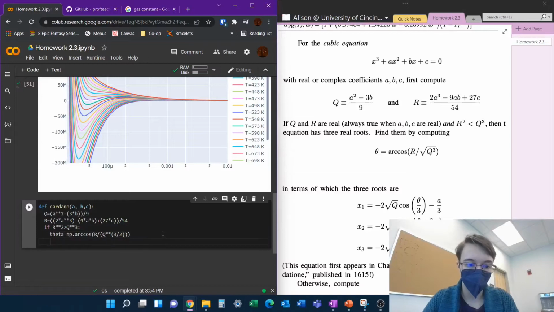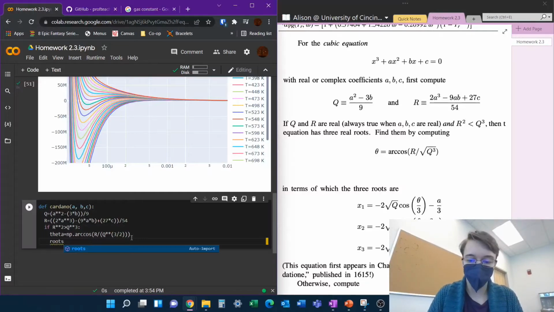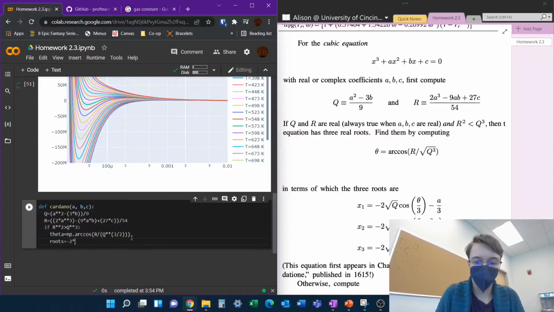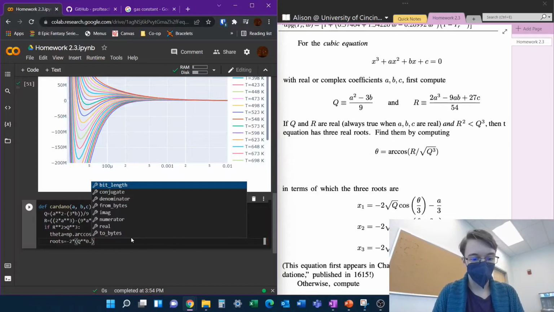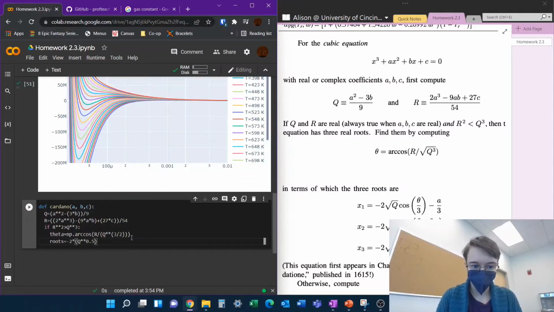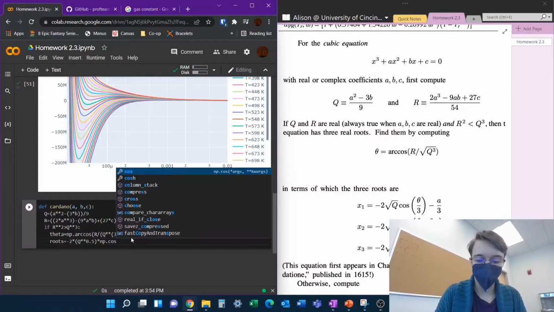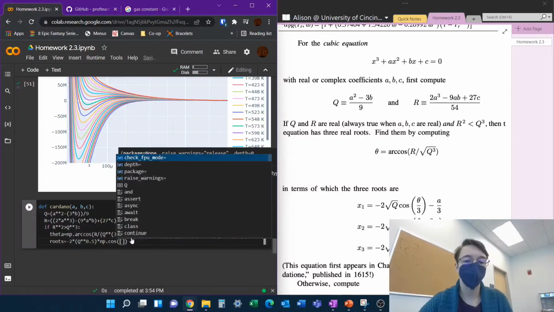And then we can find our roots. You'll notice here that the roots are pretty similar. It's really just what's inside the cosine that changes, so we can use an array to do that. Our roots are going to be equal to -2 times Q to the 1/2 times np dot cosine of, and here's where we're going to put our array in.